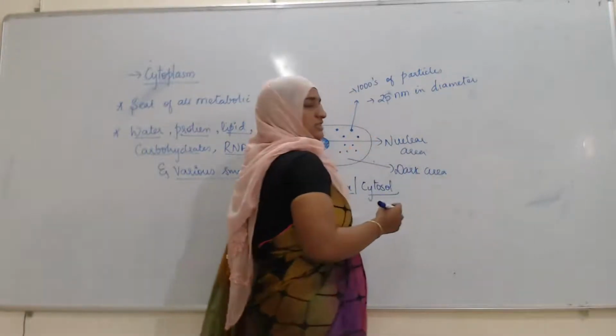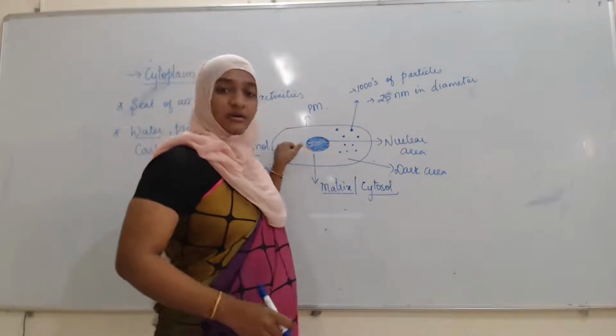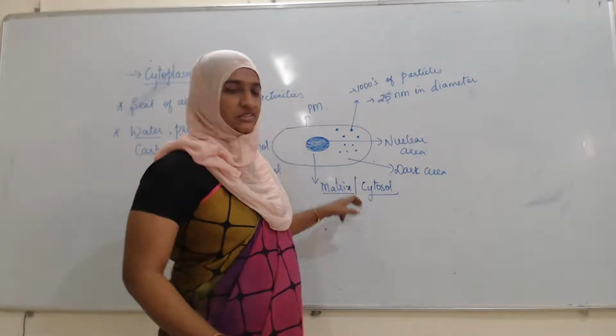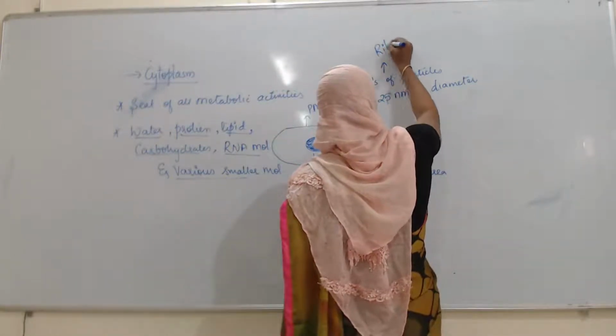So what are these particles, present in thousands in this dark region? They are known as the ribosomes.